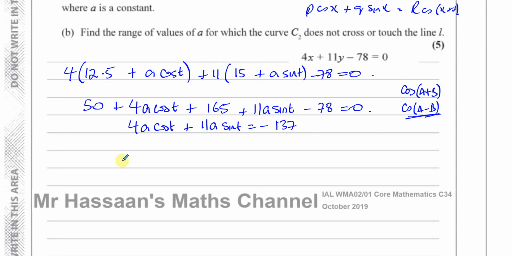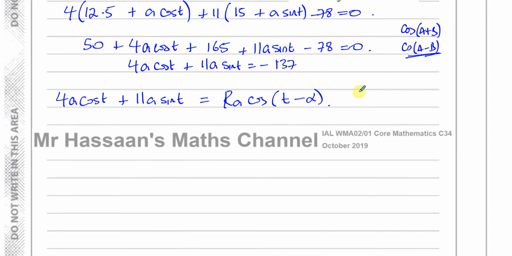So I'm going to take 4a cosine t plus 11a sine t and rewrite it as r times a cosine(t minus alpha). Then I can find the value of r and solve this problem, thinking about it in terms of the graph.